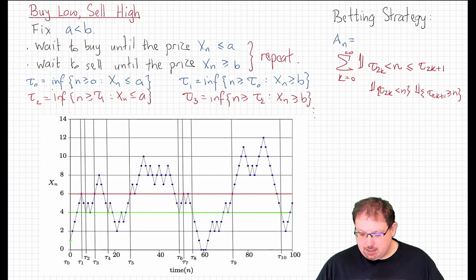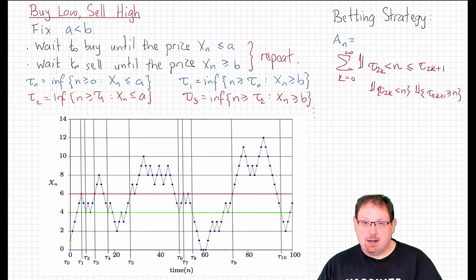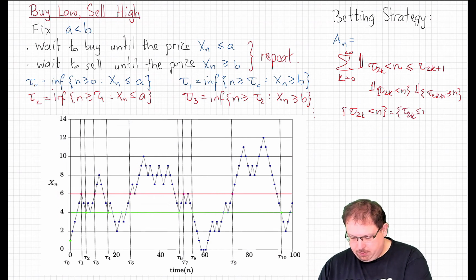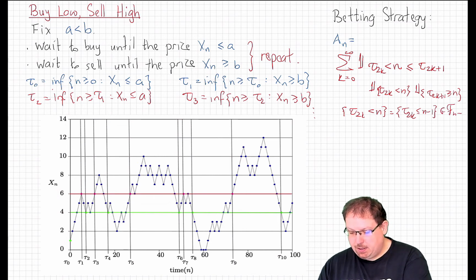And so to check that this is predictable, we just need to check that these two events are in F_{n-1}. Well, the event that tau 2k is less than n is the same as the event that tau 2k is less than or equal to n minus 1. And because tau 2k is a stopping time, that means that that's in F_{n-1} as needed.